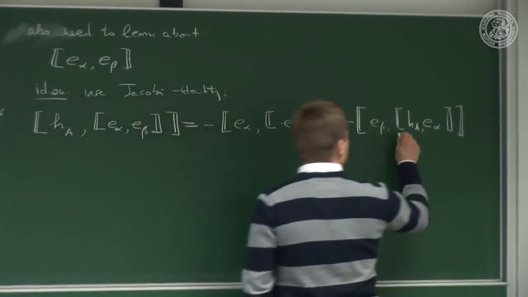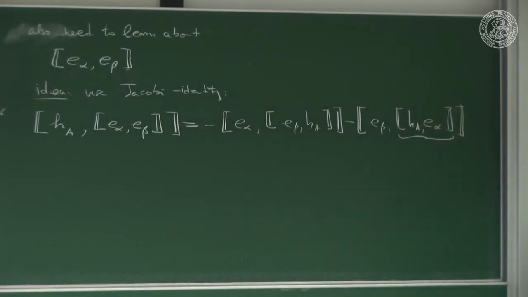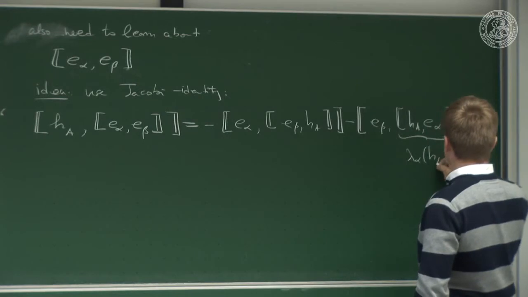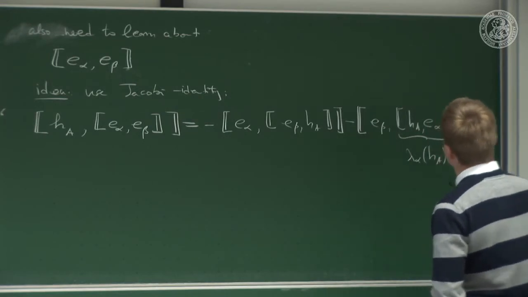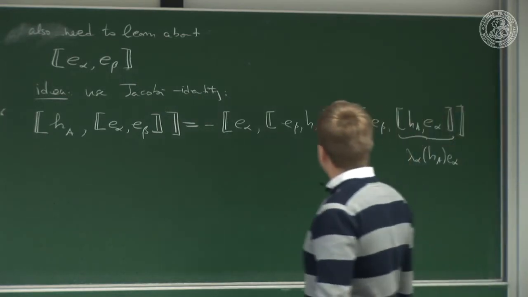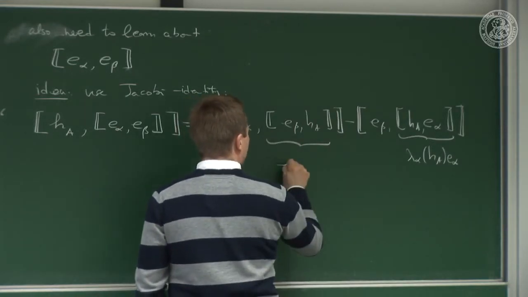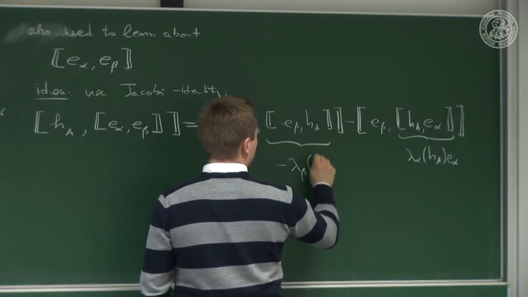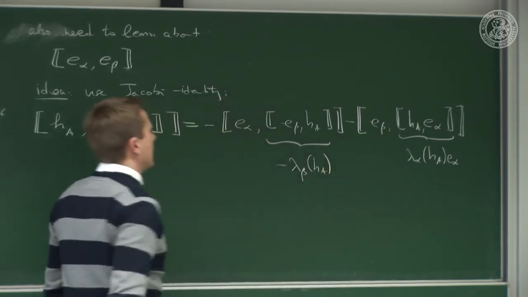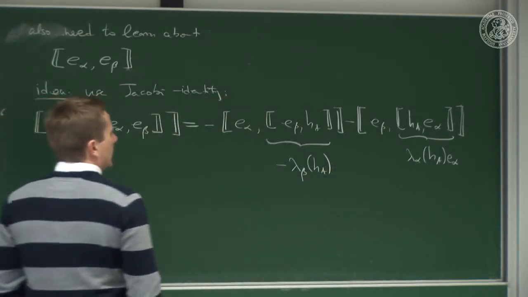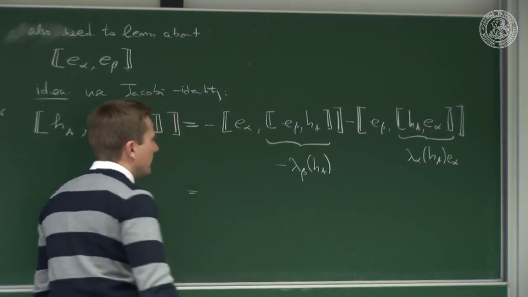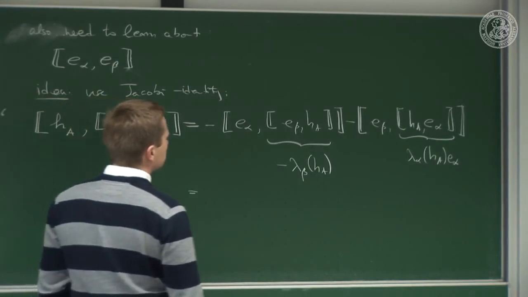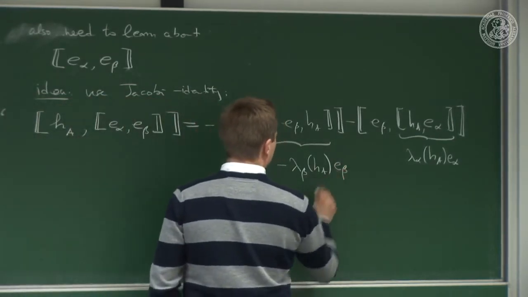And of course, this one here, for instance, we already know what that is. This is lambda_alpha of H_A times E_alpha. This here is minus, because you could flip this, minus lambda_beta of the same H_A, times E_beta, of course.